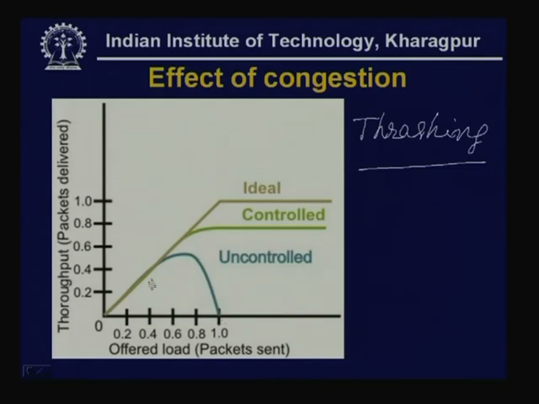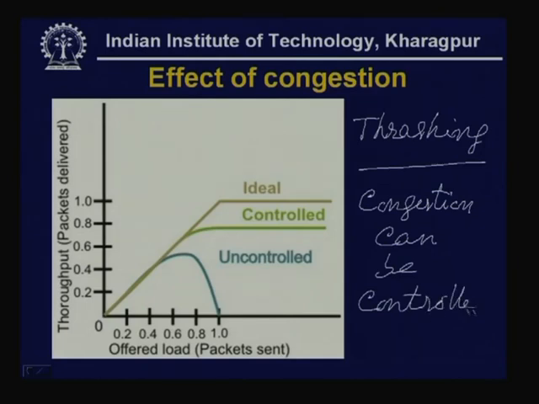Now ideally it should follow this curve if there is no congestion, but because of congestion it behaves in this manner, and by taking suitable congestion control approaches, the congestion can be controlled. In such a situation the behavior of the network will be somewhat like this.